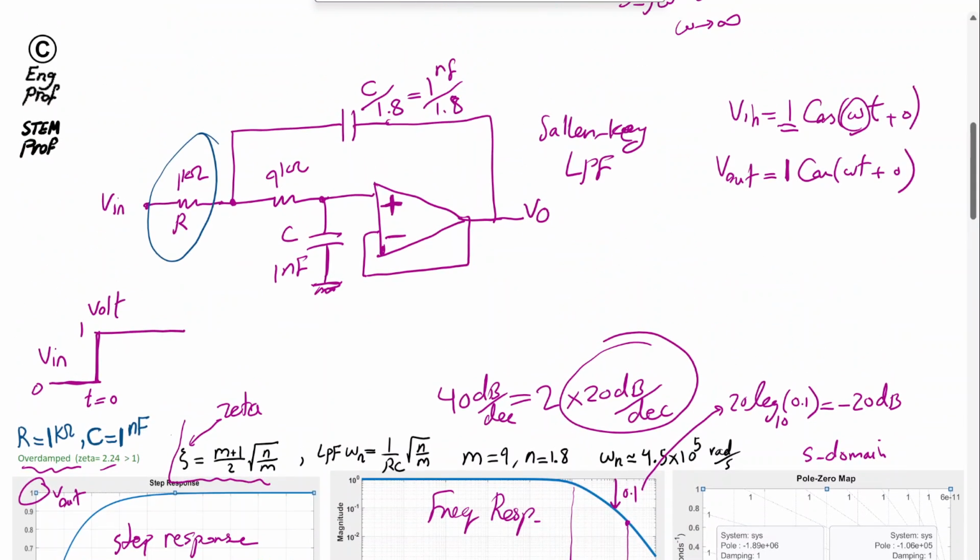If I do that, this remains 9K, this remains 1K, this remains 1 nanofarad, but the only thing that changes in the circuit is the second cap, which is going to be C over 0.37. So that's the only change I'm applying. Basically I am increasing this cap that is positioned here.